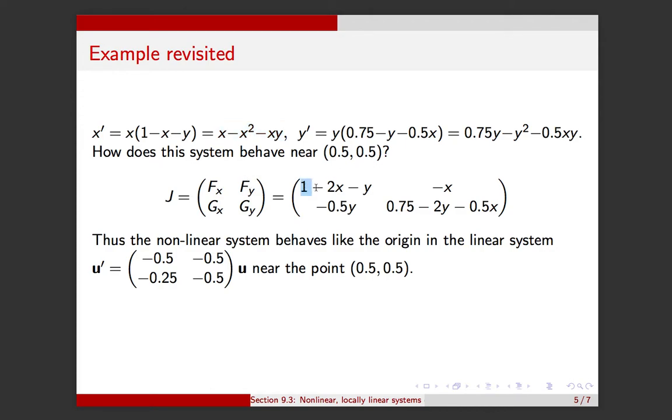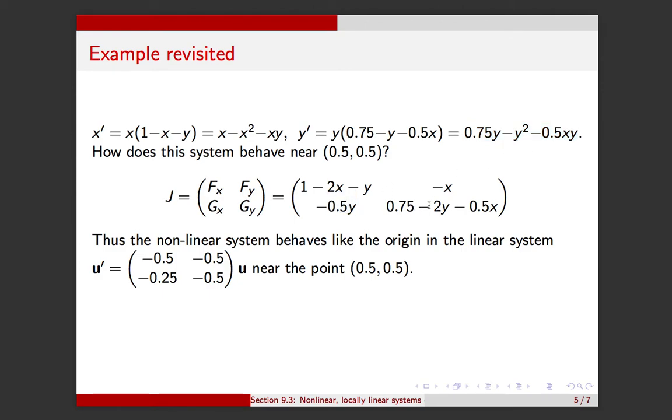The x prime stuff partial with respect to x is this. You treat y like a constant, right? So you get 1 minus 2x minus y. If you take that same stuff and treat x like a constant and differentiate, you get negative x. So again, these are just friendly Calc 3 partial derivatives. Here's g. If you take its x partial, you should get negative half y, which is here, and so on.